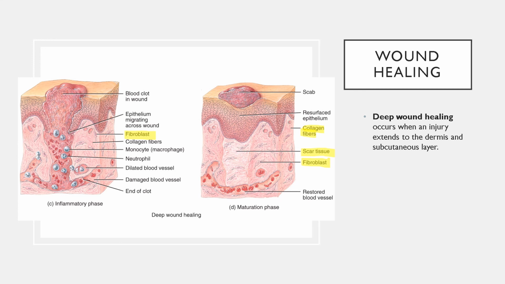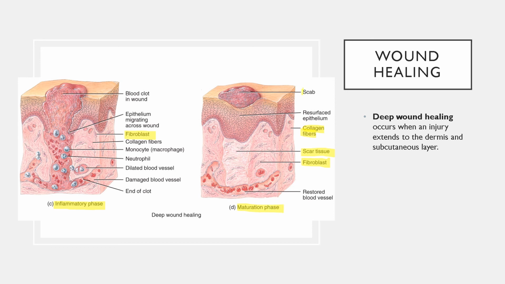Now, deep wound healing is going to start with an inflammatory phase, which opens up blood vessels to allow immune cells into the wound. And this is really to keep bacteria and microbes from entering deeper into the body. And deep wound healing is going to end with a maturation phase.